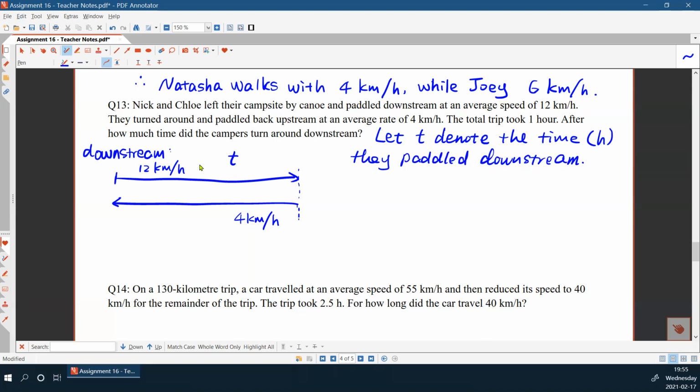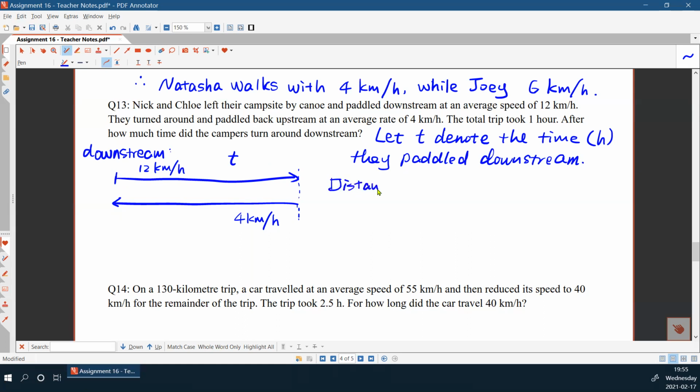Okay, so is there any equality relationship here? The equality relationship is apparently the distance they traveled downstream equals the distance they traveled upstream, right? Let's write it here.